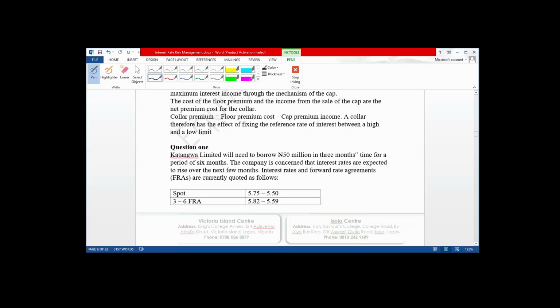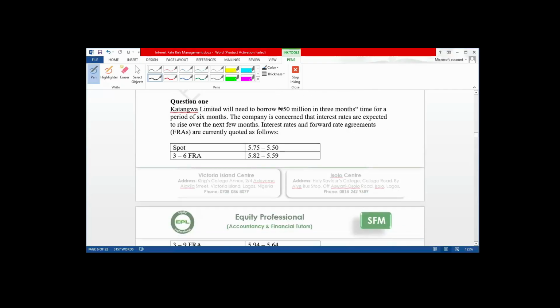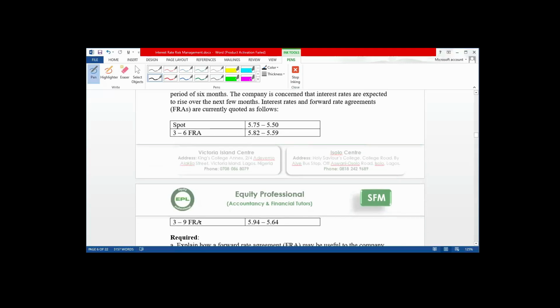So if I want to use a forward rate agreement, I will use 3 to 9 francs.